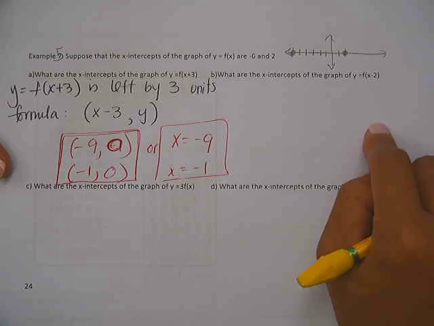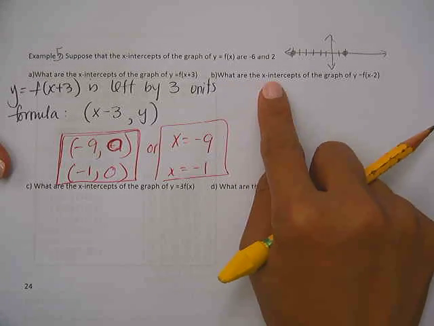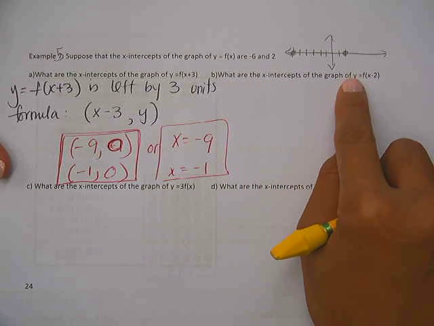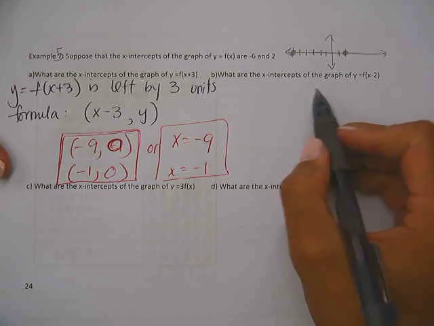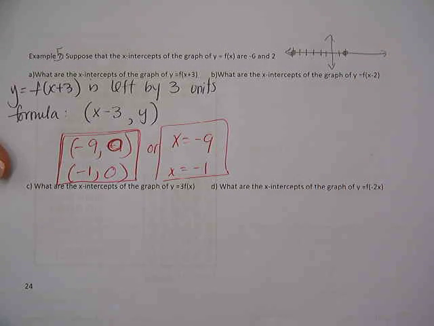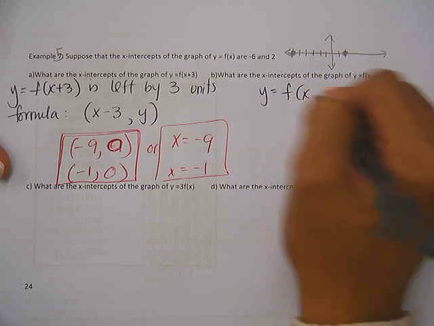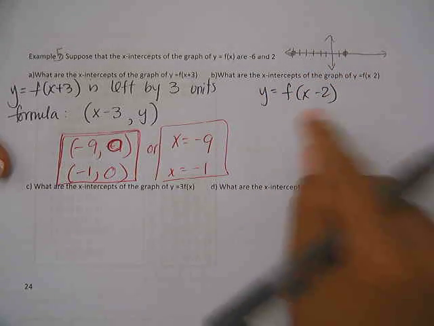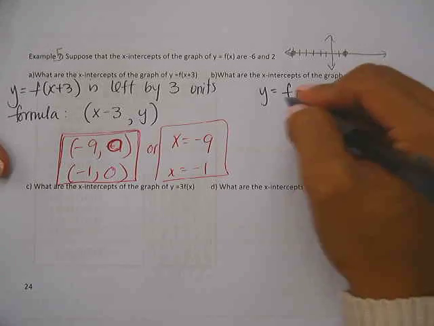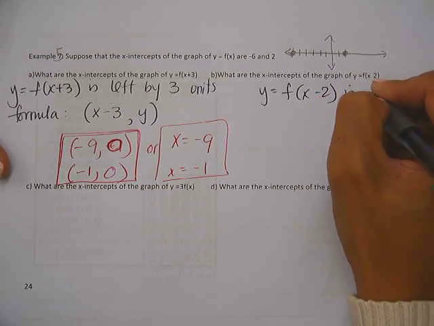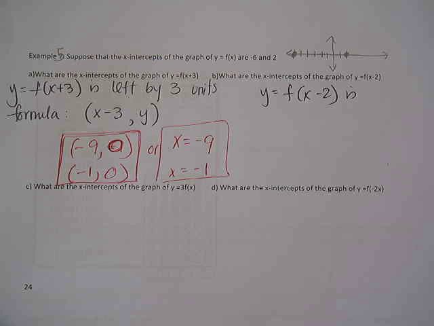Okay, similarly, we are going to do this. What are the x-intercepts now if we are doing this transformation? So y equals f of x minus 2. Okay, so go ahead and state the transformation. Y equals f of x minus 2 is what? Go ahead and state it out for me.